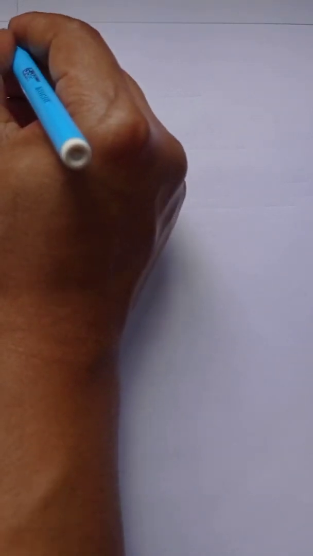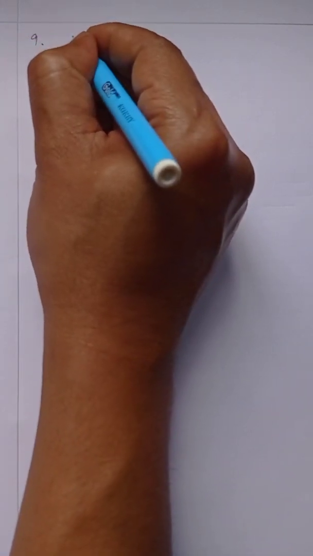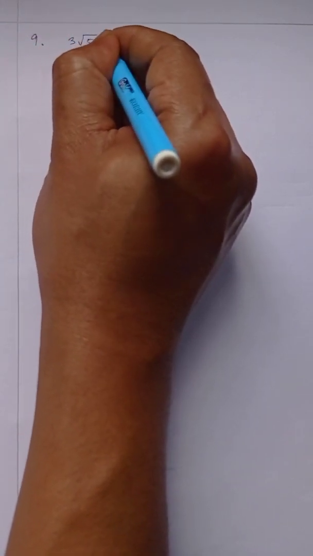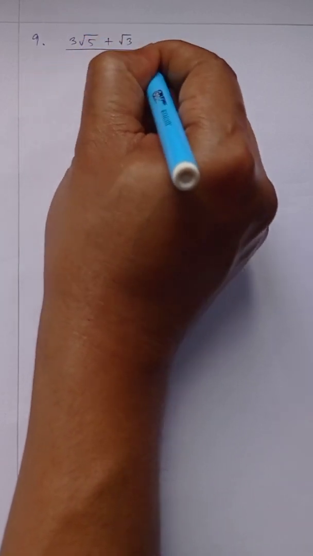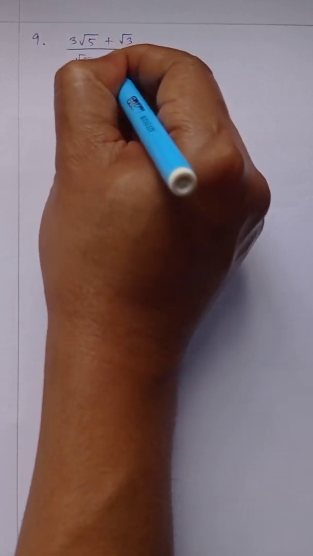So let me solve one question for you from your textbook. It's question number 9: (3 root 5 plus root 3) divided by (root 5 minus root 3).